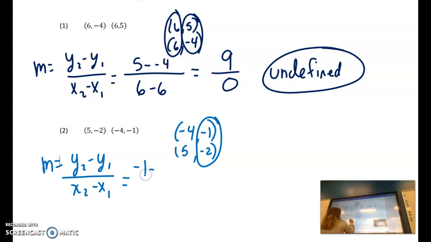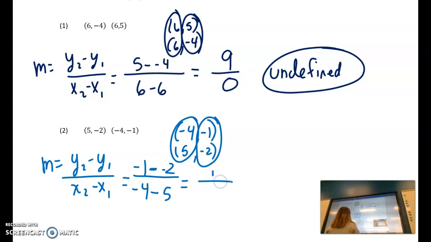So negative 1 minus negative 2, all over, subtract our x's, negative 4 minus 5. Okay? So when we do that, negative 1 minus negative 2 is 1, divided by negative 4 minus 5, which is negative 9. And so this is the slope of my line.